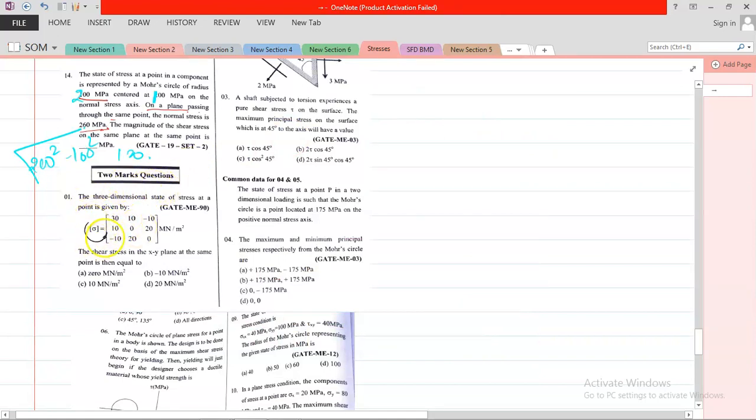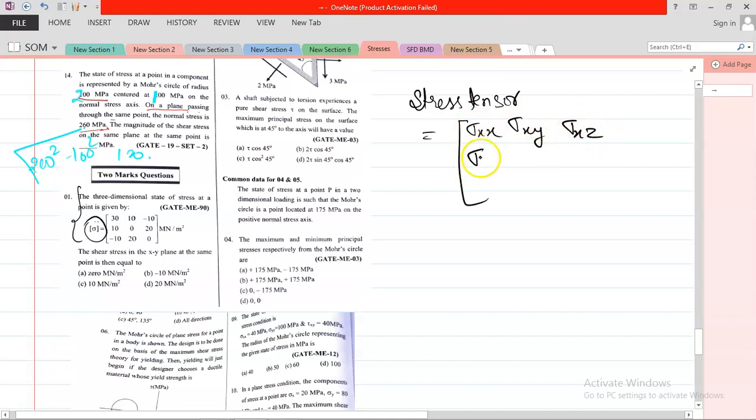So this is given a stress and its value, so it is a stress tensor. Now, the thing that hasn't been discussed I am going to discuss here. So the stress tensor for a state of the body, I am writing it, this is the standard condition: sigma xx, sigma xy, sigma xz, sigma yx, sigma yy, sigma yz, sigma zx, sigma zy, sigma zz.